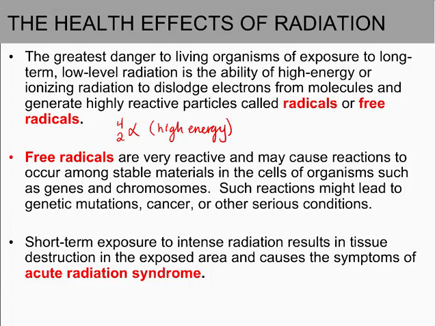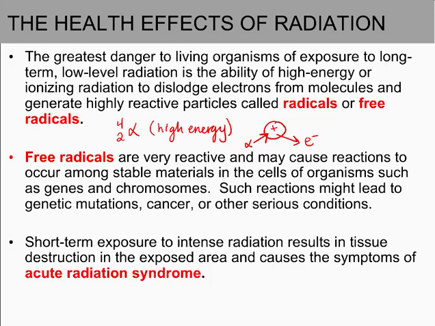That means if we have an atom, and this is our alpha particle down here, it could hit this atom, and the atom will release an electron. So then that atom becomes positively charged. Now this could have disastrous effects on our cells or other biological molecules.